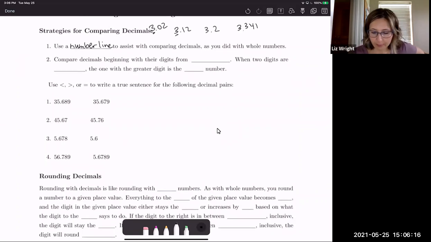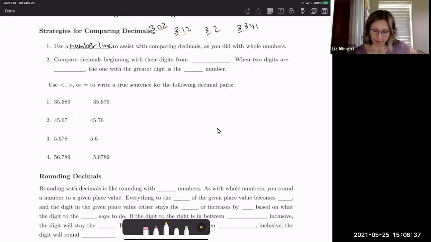the same. And so then in my brain, I started sorting them out based on what the tenths place was. And so here it's 0 and then 1 and then 2 and then 3. And then from there, if any of them had the same tenths place, then we would look at the hundredths place.